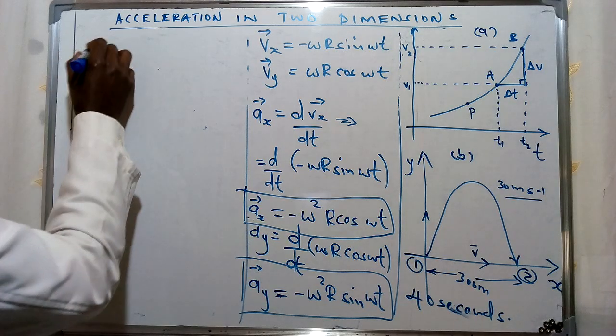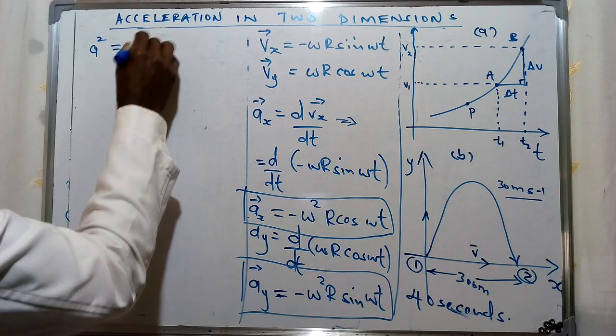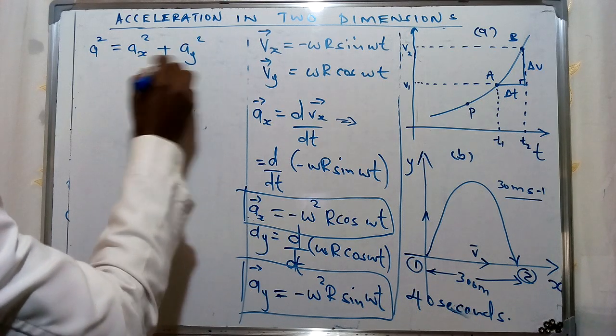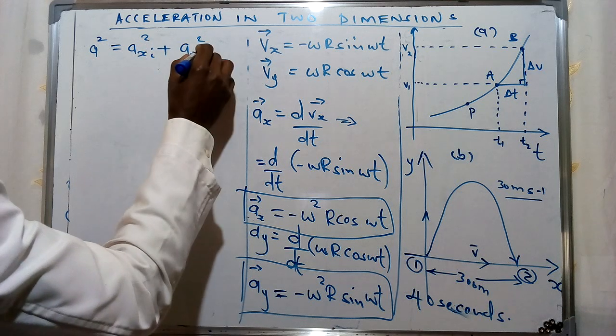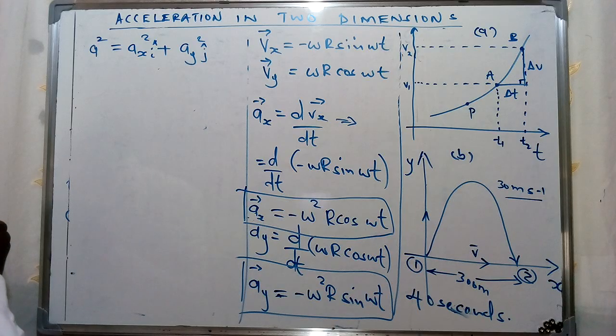So therefore, we're going to have the square of acceleration given in terms of acceleration along the x, the square of that one, and then acceleration along the y, the square of that one. In this case, we're going to have i and j, which are vector components along those specific directions.